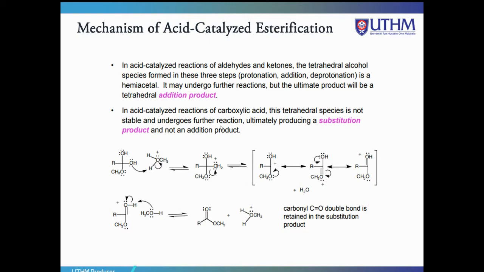In acid-catalyzed reaction of carboxylic acid, this tetrahedral species is not stable and undergoes further reaction, ultimately producing a substitution product and not an addition product. The carbonyl C=O double bond is retained in the substitution product, as represented by the example shown here.